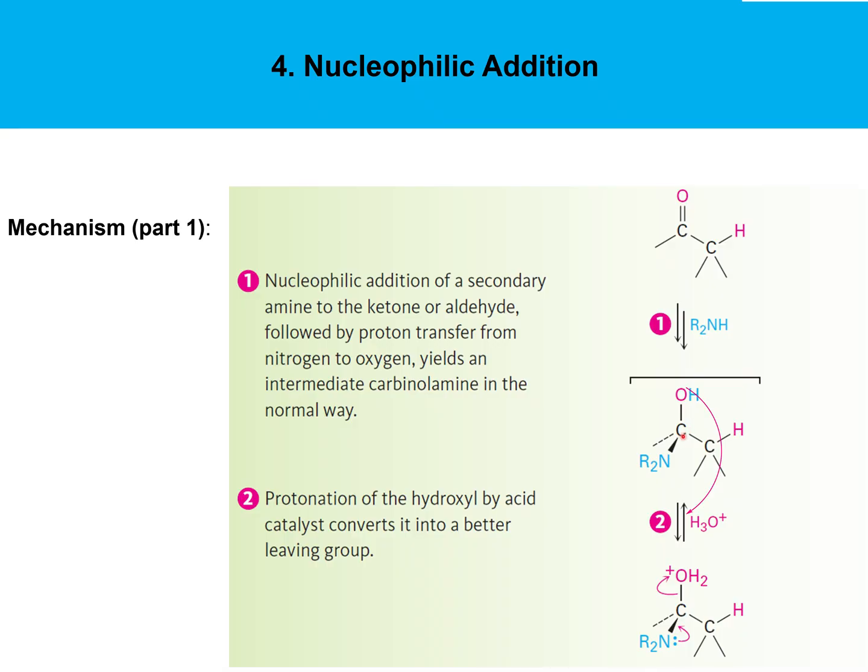In the next step, the oxygen will be protonated, forming water. And in the next step after that, the nitrogen will push out that water to give us an iminium ion, which you'll see on the next slide.